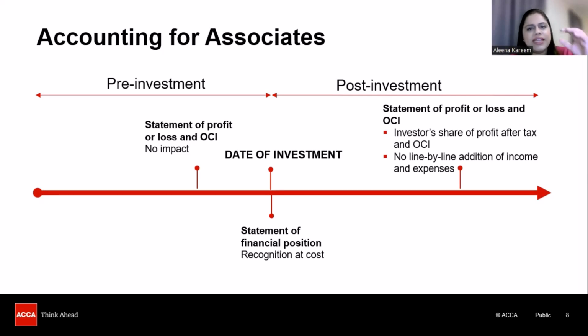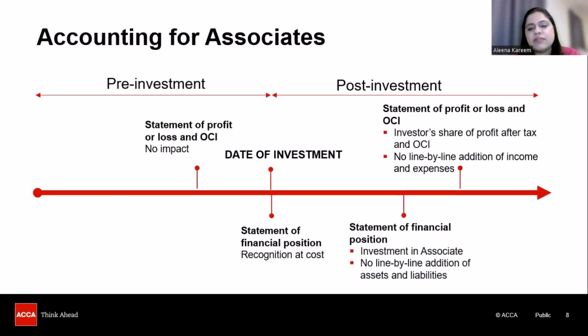So it's literally like a one-line entry in which we identify what is the parent company's share in the associate company's profit. We take that out and we put it in the group financial statements. We'll see a detail of this shortly also.